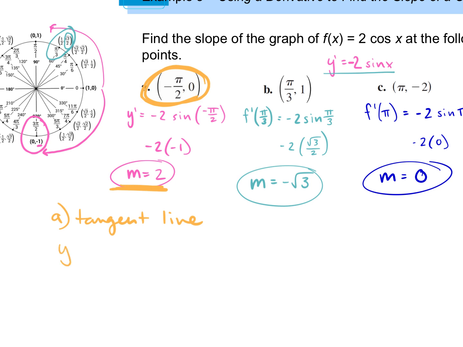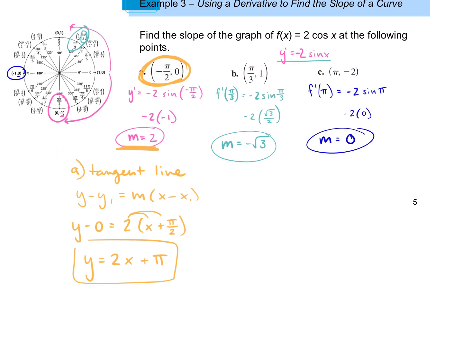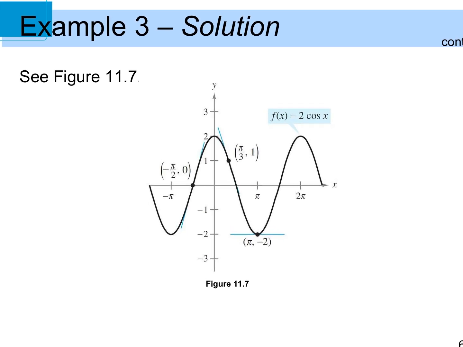So y minus y1 is equal to m times x minus x1. So y minus 0 is equal to 2 times x minus negative pi over 2, so that turns into plus pi over 2. We could simplify here. I'm going to distribute, so we have y is equal to 2x plus pi. So that would be our equation of the tangent line. So we just take our slope that we found and the point that it gave us, plug it into point slope form.